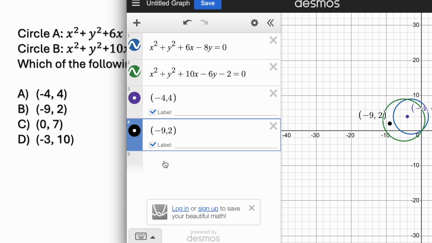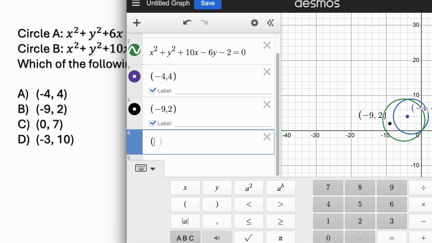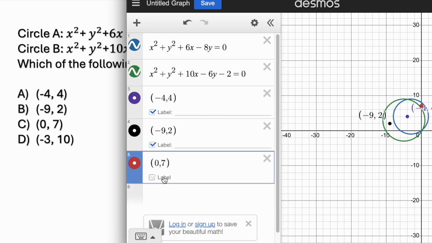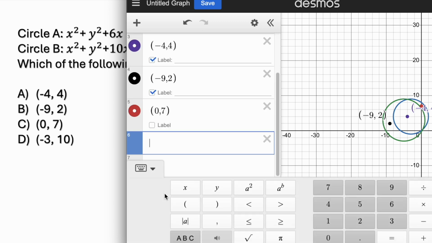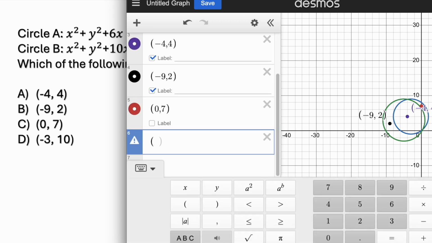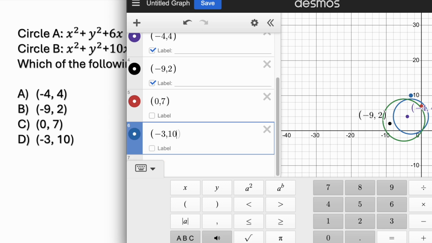And now you have the third one, which is (0, 7), label that. And then lastly, we have (-3, 10), and label that.